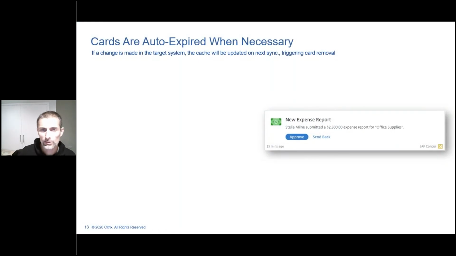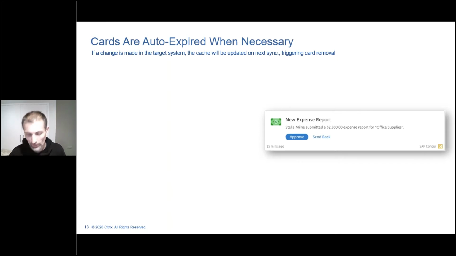Now, if you are doing such things where someone might go in and change something on the target system, for example, I might go directly to Concur and approve the expense report here, right? So instead of using the Microapp in Workspace to hit approve, I might log into Concur and do it there. Well, we've got a state in the cache that means that we've put a notification into people's workspace and now it's not valid.